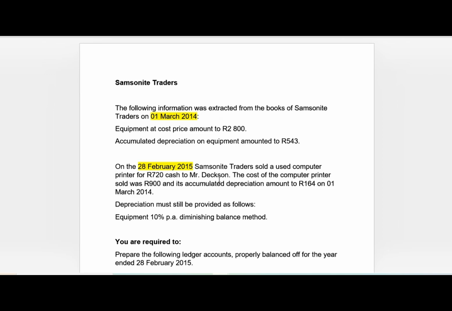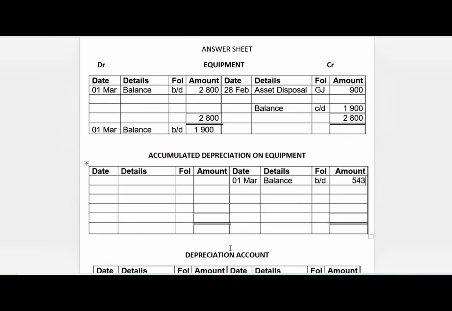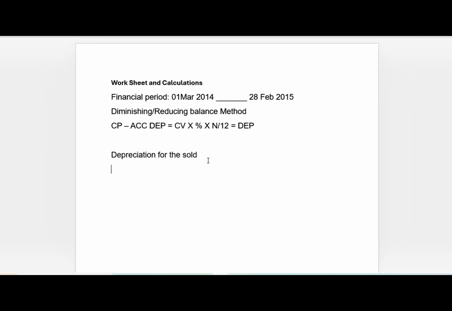So that means the equipment was there for the whole year, so we have to calculate depreciation for the sold equipment for the whole year. I don't know if you get my point. So let's go to our worksheet.